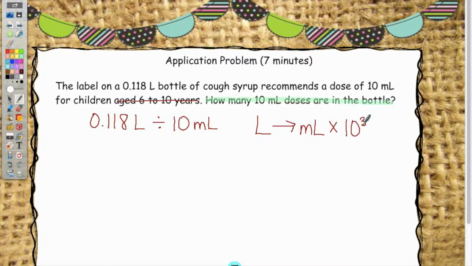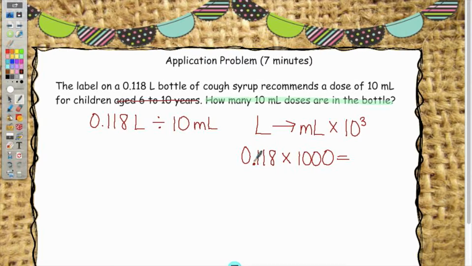So we're going to take 118 thousandths and multiply times 1,000. Help us do that. What is that little dot thingy called? A decimal. What am I going to do with the decimal?